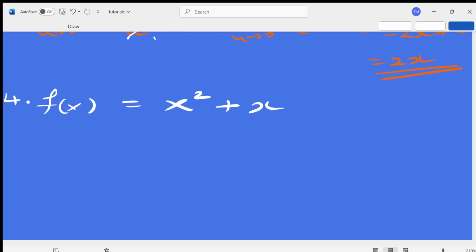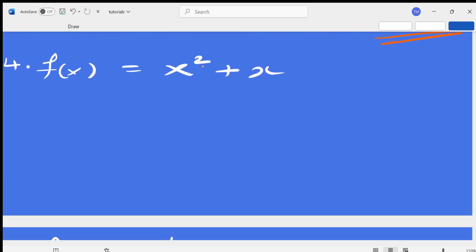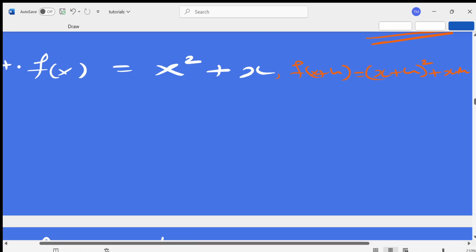So now having this one, we're going to do the same thing, it's just arithmetic, f of x plus h. I'm not going to do it, I'm just giving you a heads up. It's going to be x plus h squared plus x plus h as well.